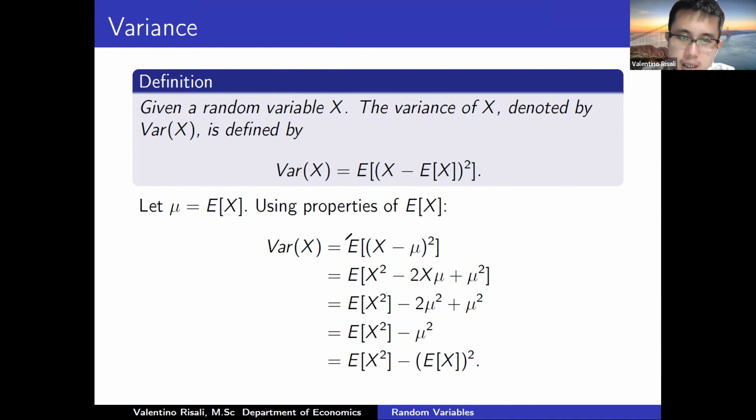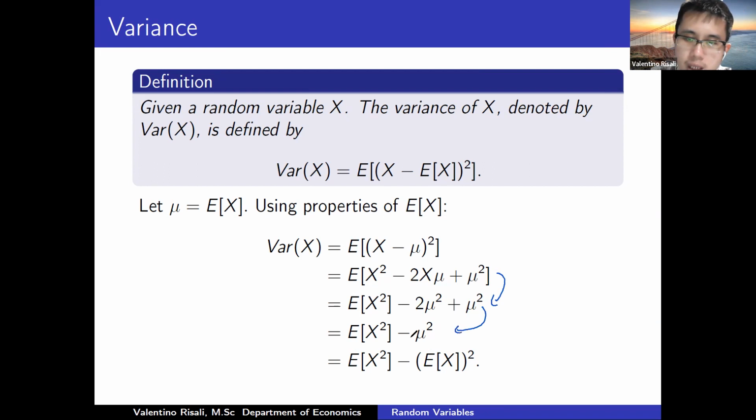That is, from the definition, for X is equal to this expression. After that, we square X minus mu, we get X squared minus 2X mu plus mu squared. After that, by the property of the expectation that it spreads over the sum, we can write EX squared minus 2 mu squared plus mu squared.